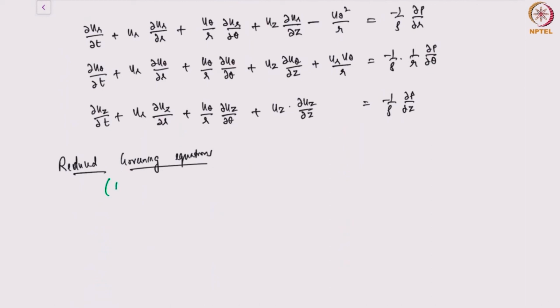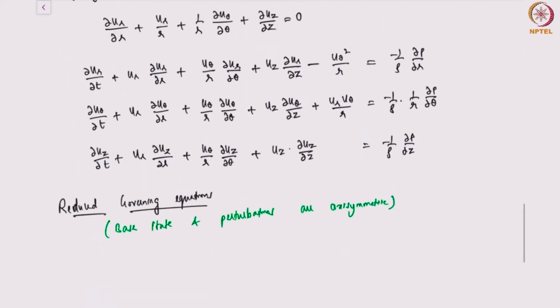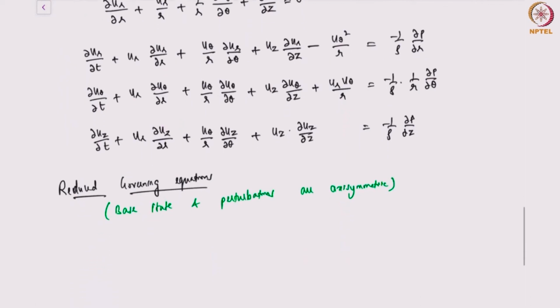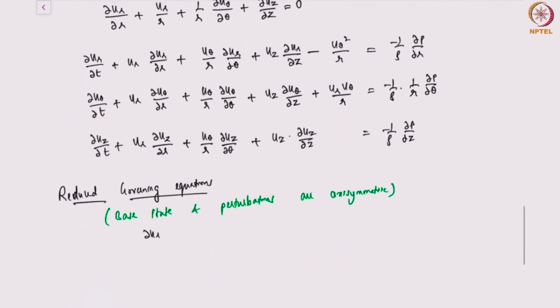Base state and perturbations are axisymmetric, right? So let's get rid of all terms which are del by del theta terms. And there is no u theta at all, so the entire u theta equation disappears. So let's write down this equation: del u r by del r plus u r by r.